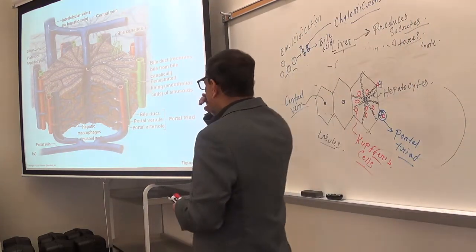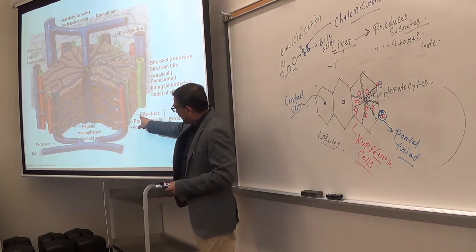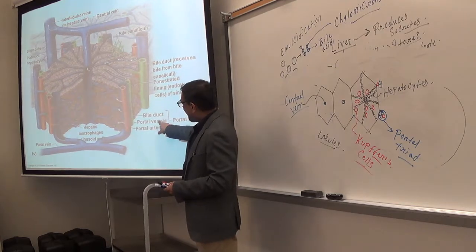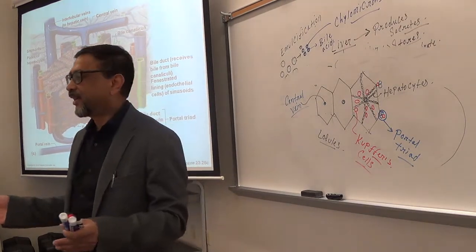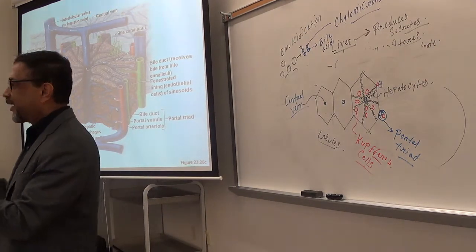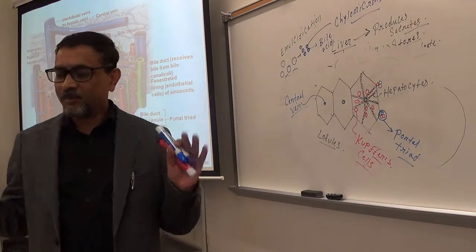And in that portal triad, what are those 3 structures? You have a bile duct, a portal venule, and a portal arteriole. So basically an artery, a vein, small artery, small vein, right? And a duct for the bile. Is it clear?